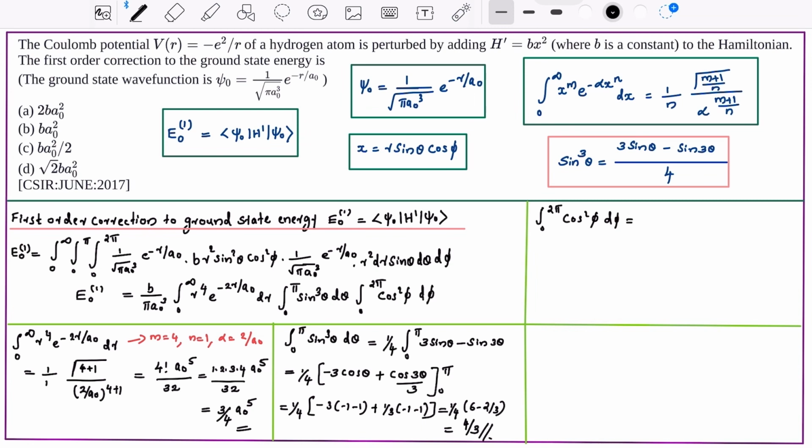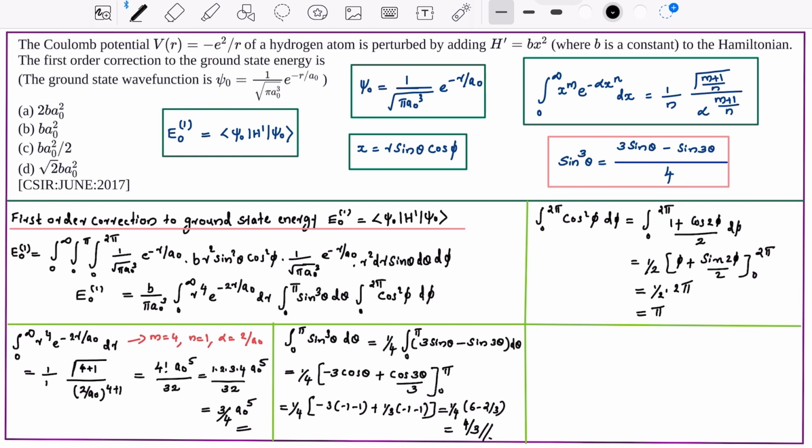Next, we have to evaluate the integral 0 to 2 pi of cos² phi d phi. This is equal to the integral 0 to 2 pi of (1 plus cos 2 phi) by 2, and that is equal to 1 by 2 integral 0 to 2 pi of (1 plus cos 2 phi), that is equal to 1 by 2 [phi plus sin 2 phi by 2] in the limit 0 to 2 pi, that is equal to 1 by 2 into 2 pi, that is pi.